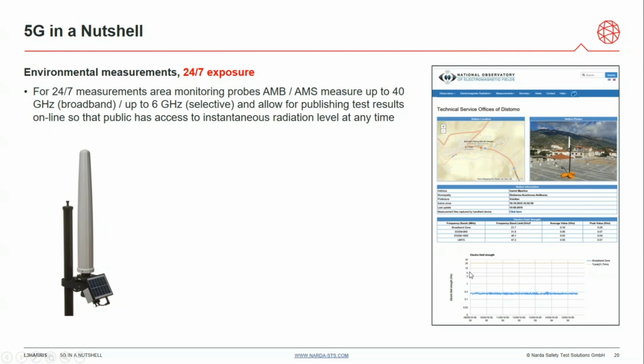This is then offered to the public, as in many countries, like in Italy; this example is the National Observatory of Electromagnetic Fields in Greece, from the Greek Atomic Energy Commission, the radiation department for ionizing and non-ionizing radiation in Athens, Greece.